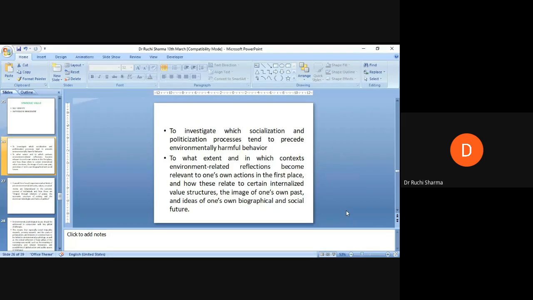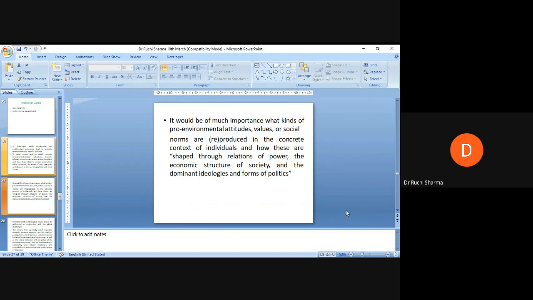Now the focus is on how to investigate which socialization or politicization processes tend to precede environmentally harmful behavior, or to what extent, and in which context, environment-related reflections become relevant to one's own action in the first place, and how these relate to certain internalized value structures giving symbolic meaning or the image of one's own past and ideas of one's own biographical and social future.